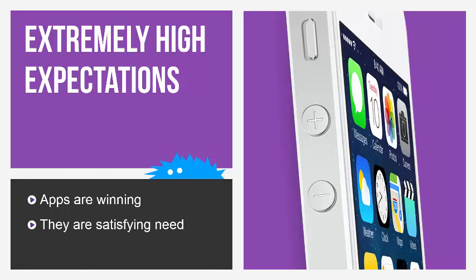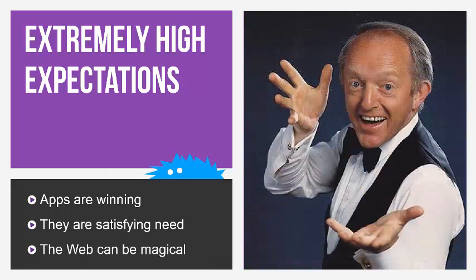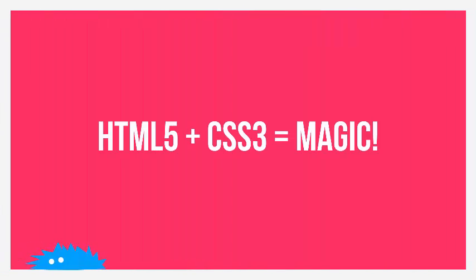And if you place a web app that's been built maybe a year or so ago and compare that to an app, well, the app often wins. But the web can be magical. And much of that magic comes from HTML5, its JavaScript and CSS. The combination of web standards such as HTML5 and CSS can result in beautiful, solid, easy to maintain websites that can rival applications.